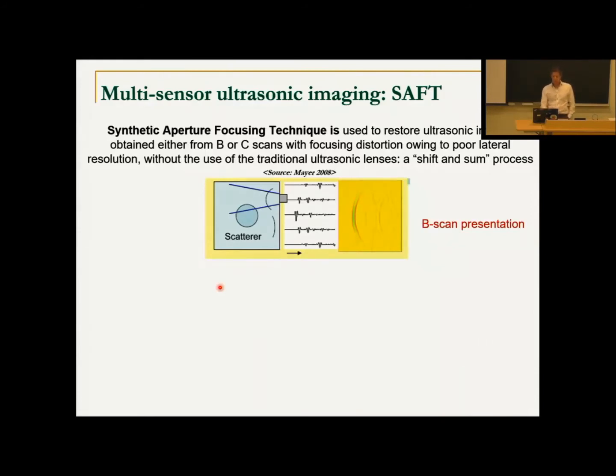And one method that's used, just one of them, is called SAFT, or Synthetic Aperture Focusing Technique. In essence, we take a lot of these side-by-side signals, sending at 1, listening at 2, 3, 4, 5, and so on, and we do some manipulations with them. If we just stack them as they are received, and we color-code them, the amplitude in color, we may get a B-scan representation like this.